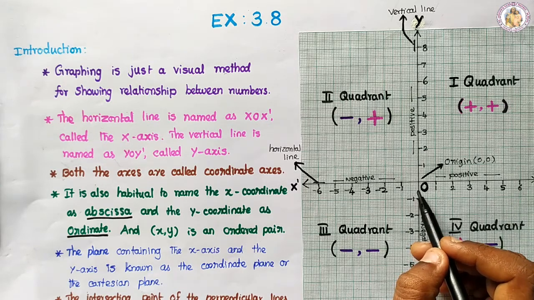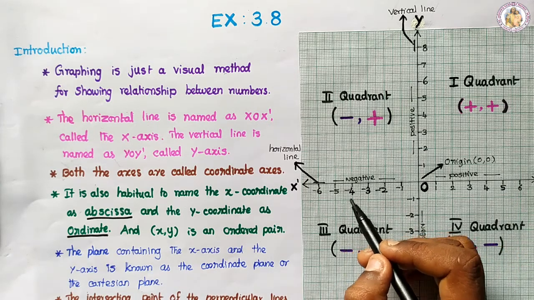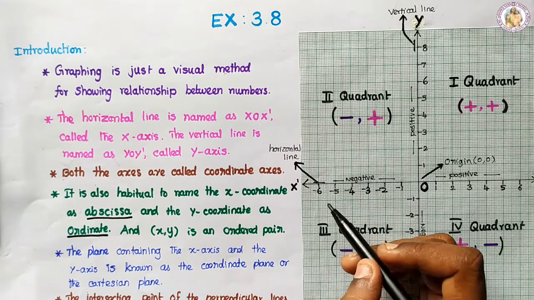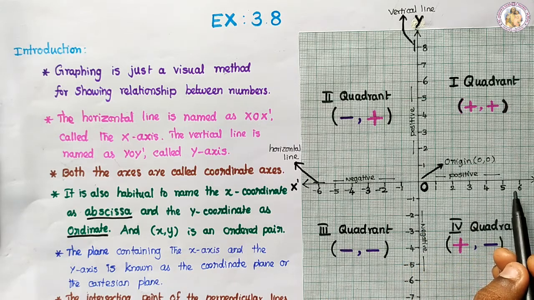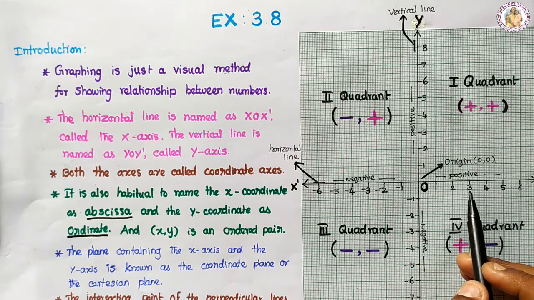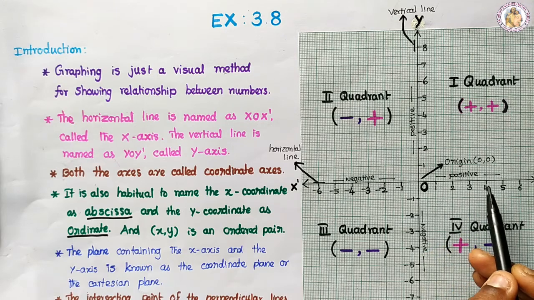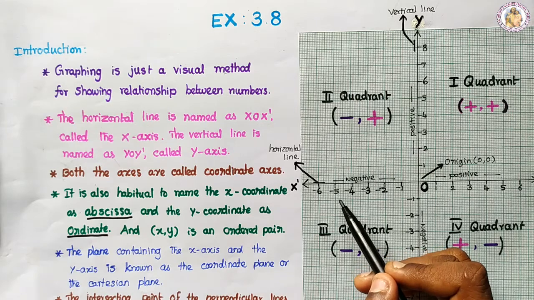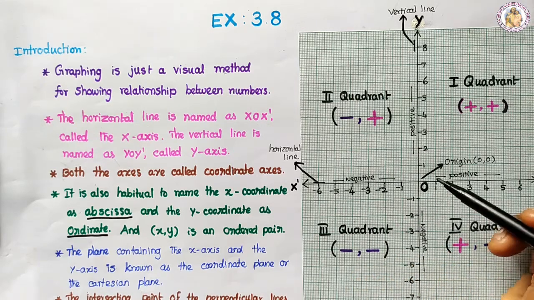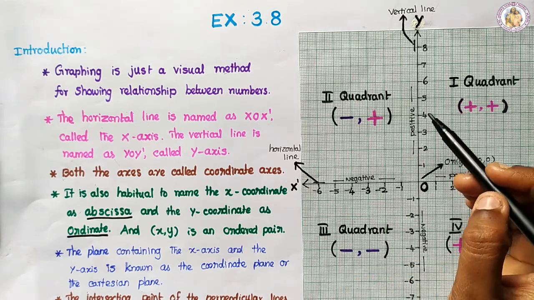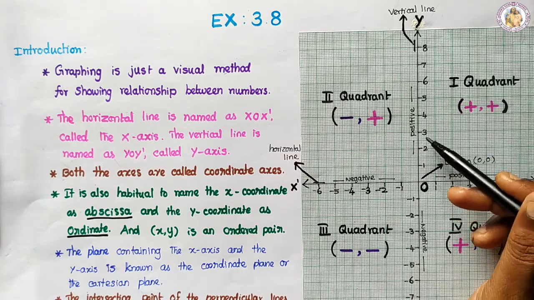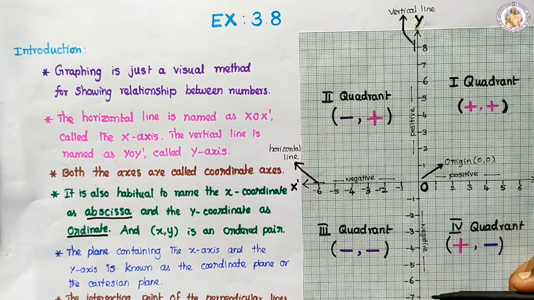Left of O are the negative integers, that is -1, -2, -3, etc. So on the x-axis, right of the origin is positive, left of the origin is negative. Like that, on the y-axis, upward is positive and downward of the origin is negative.